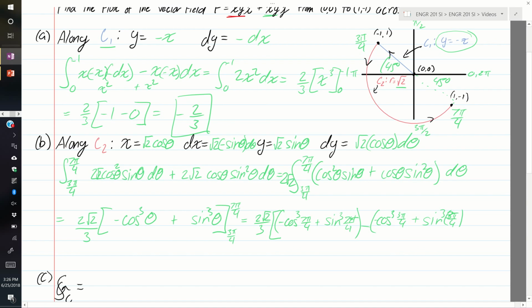Okay, that looks pretty messy, but it's not too bad in terms of the algebra. We just need to figure out what 7 pi over 4 and 3 pi over 4 are for cosine and sine, then cube it.